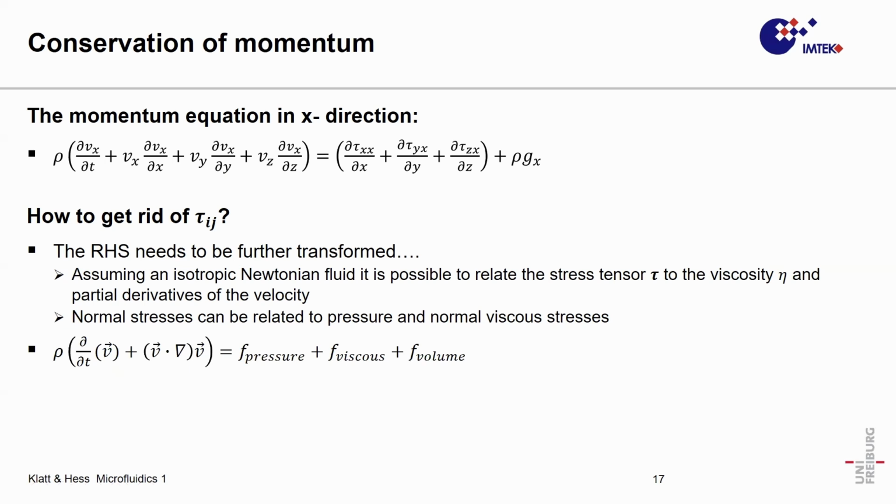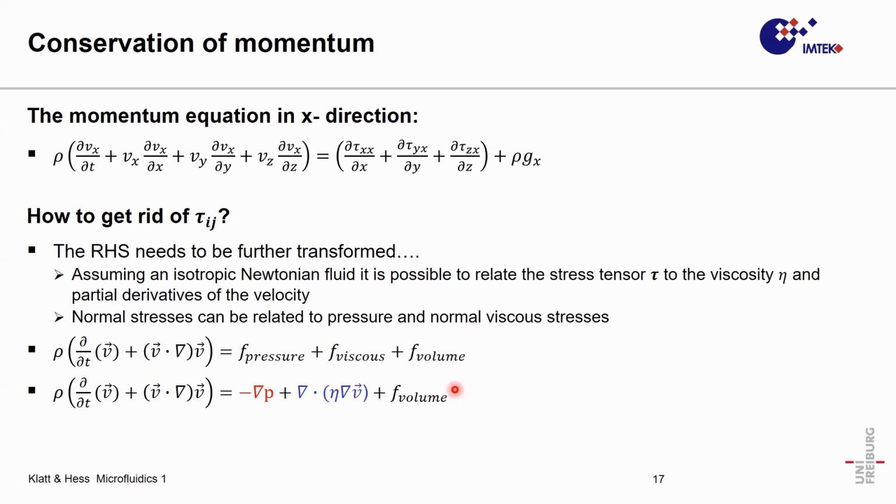We split up the stress tensor into pressure forces and viscous forces, and the volume forces are also still on the right-hand side. And if we now write this in a more common way, then our momentum conservation looks like this. We have on the left-hand side some inertial terms, and we have the pressure gradient, and we have some expression which resembles viscous forces.